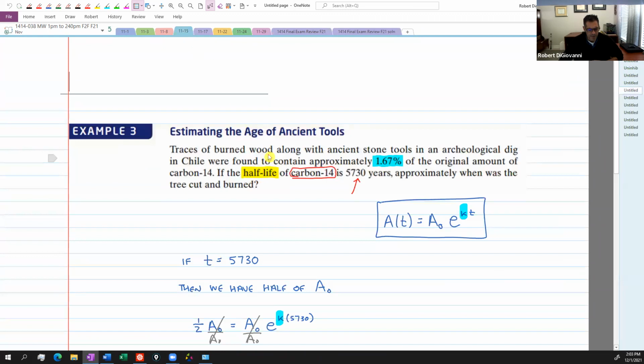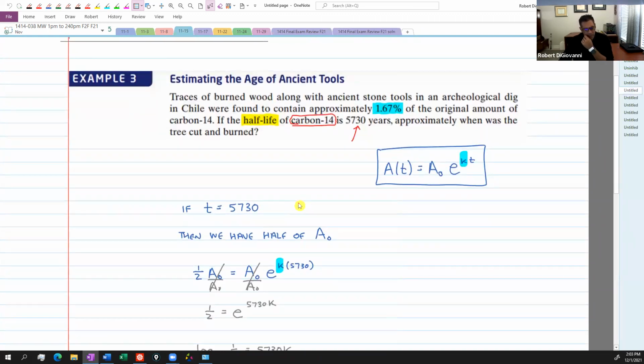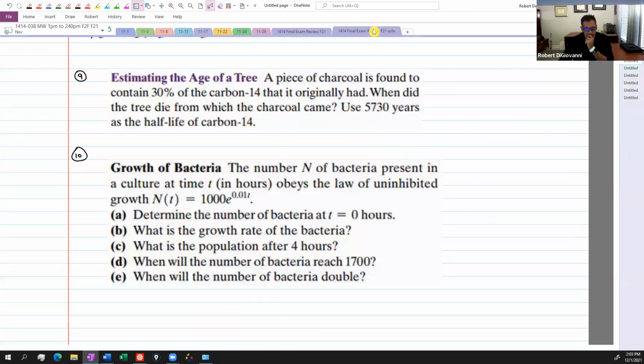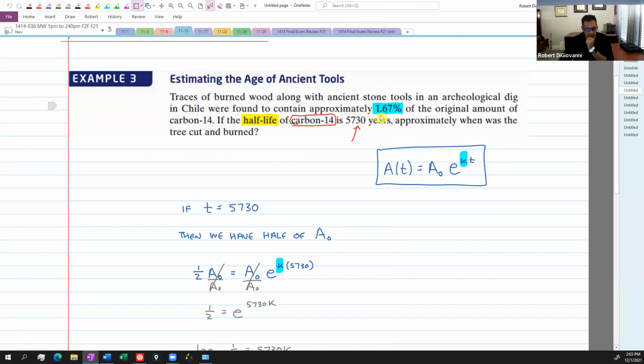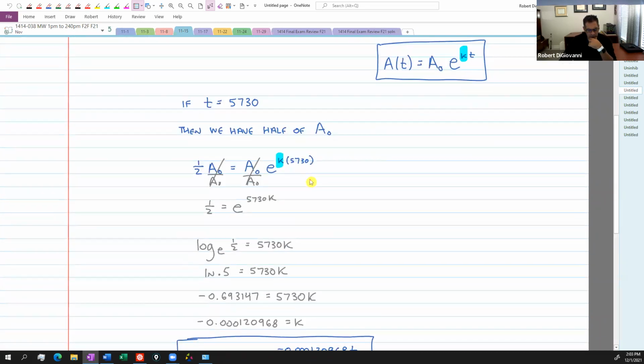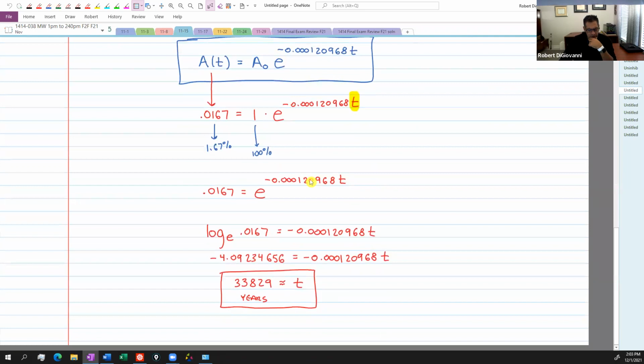Just for the sake of comparing these again, 30% of its carbon. Here it was 1.6%. So look, I think I've worked through this problem. I think I'm going to pass. It's a lot of work. I think I'm going to pass because there's a video 11:15. You can go back and watch this where I worked through this. It's quite a bit of work here.